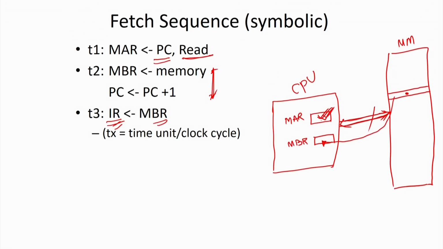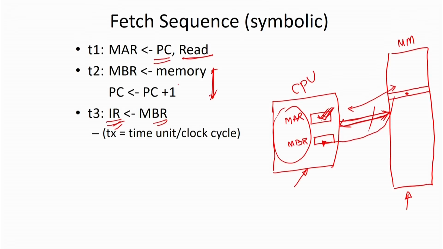But the speed of the processor is not the same as the speed of the memory. Memory is always slower than the processor. So, while I am transferring this information, it takes more time. Since it is taking more time, during that time inside the processor I can also carry out some work. That is why I am doing PC equal to PC plus 1. Okay. So, this is the way we can do it.